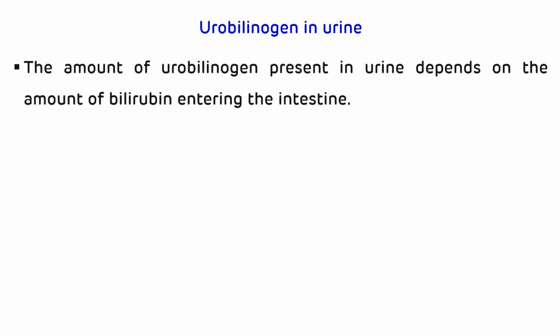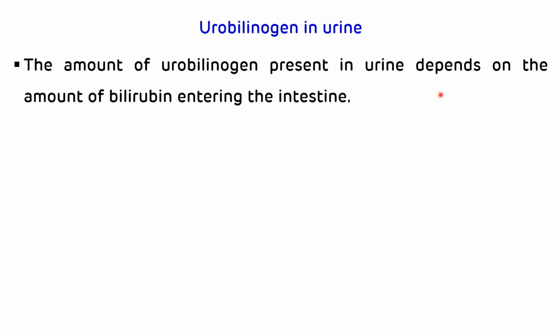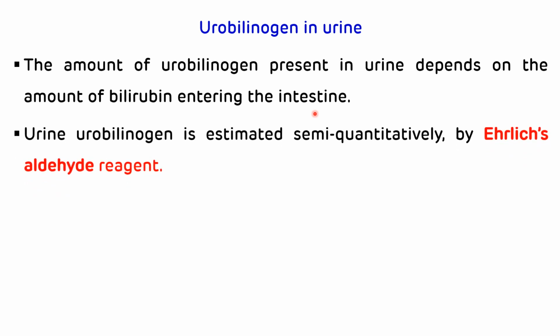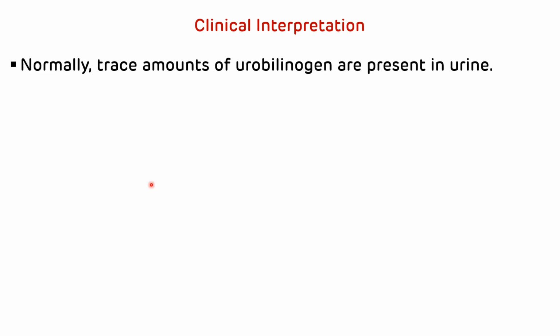Now urobilinogen in urine. The amount of urobilinogen present in urine depends on the amount of bilirubin entering the intestine. Urine urobilinogen is estimated semi-quantitatively by Ehrlich's reagent. Clinical interpretation of urine urobilinogen: normally, a trace amount of urobilinogen is present in the urine.